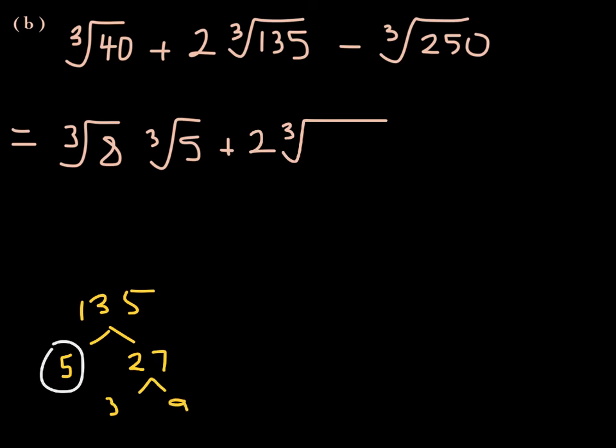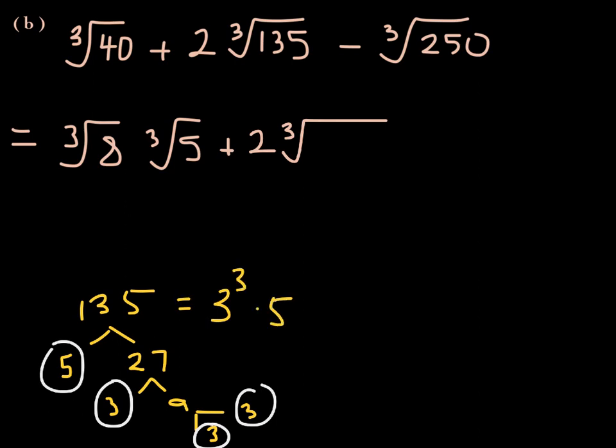Of course, 3 is prime. And then 9 is 3 times 3, right? So you can see that 135 is 3 cubed times 5. So that's how I'll rewrite 135: 3 cubed times 5.